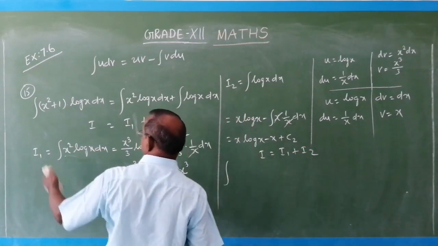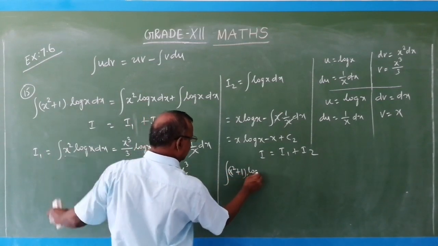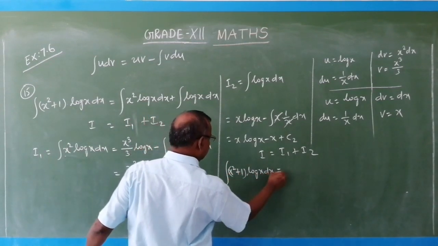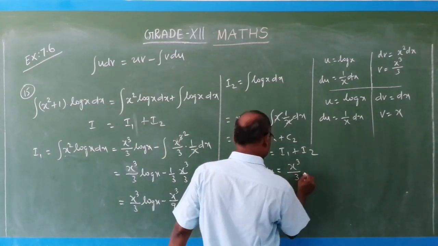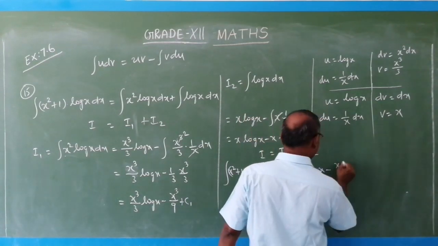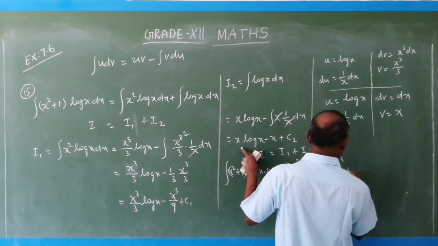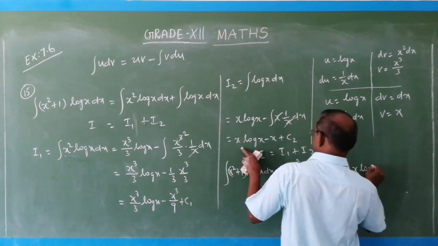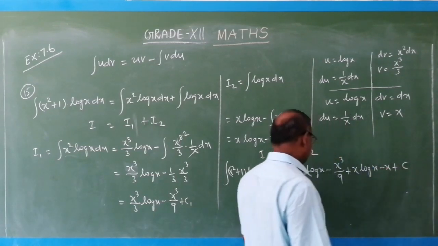Therefore, I equal to integral x square plus 1 into log x into dx equal to I1 means x cube by 3 into log x minus x cube by 9, plus x log x minus x plus c, where c equal to C1 plus C2.